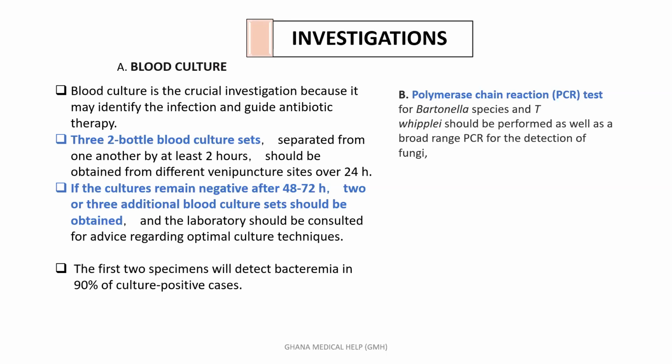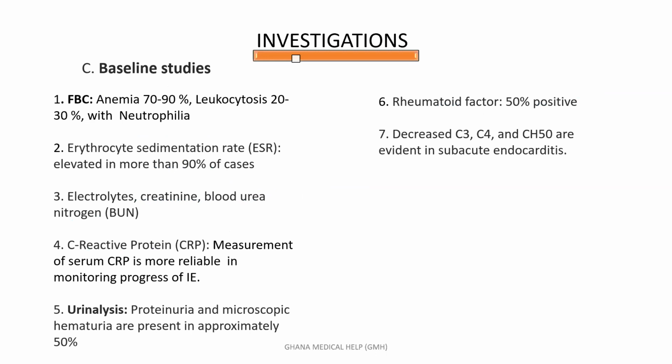Then we have our PCR, which is usually done for the Bartonella species and the T. whipplei. So our baseline investigations, of course, our normal FBC. The FBC may show normocytic normochromic anemia, which is commonly seen in subacute endocarditis, with leukocytosis and neutrophilia.